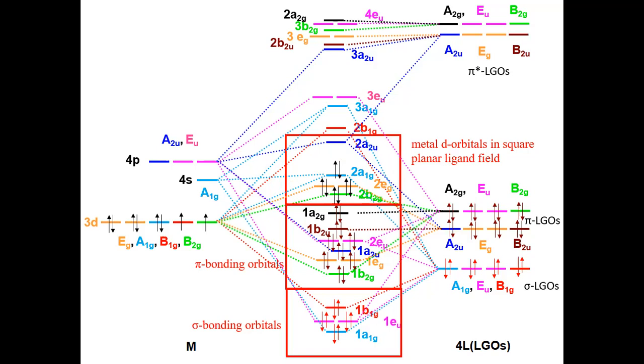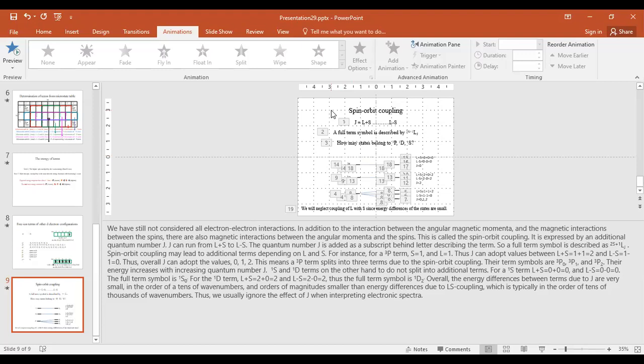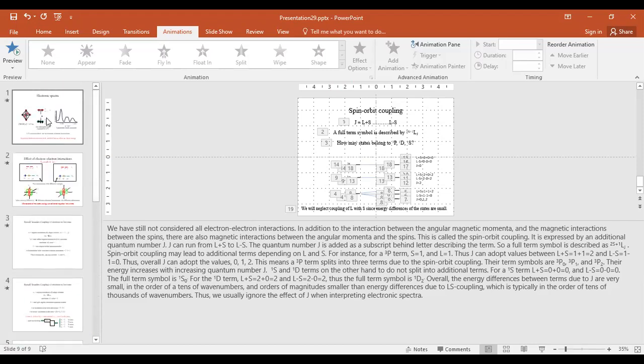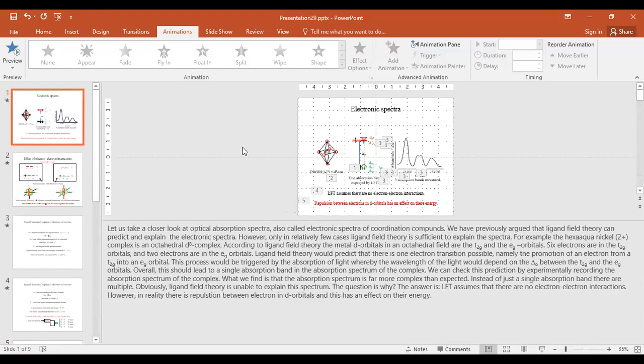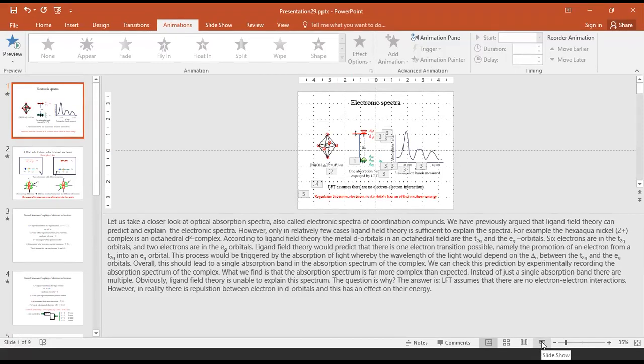move on to the next presentation, which will now start a new chapter, still related to the previous chapter, and which will be about the electronic spectra of coordination compounds.